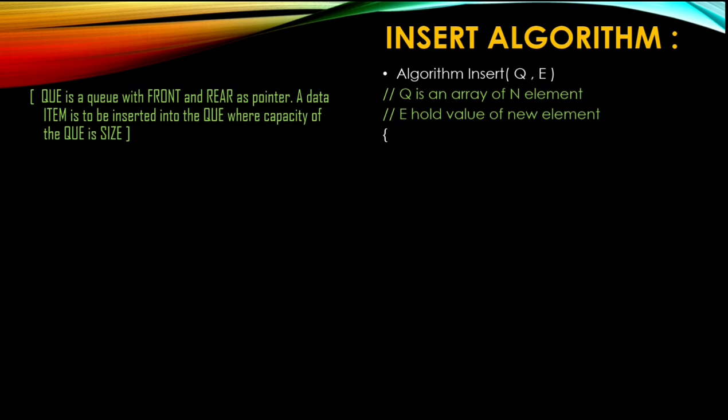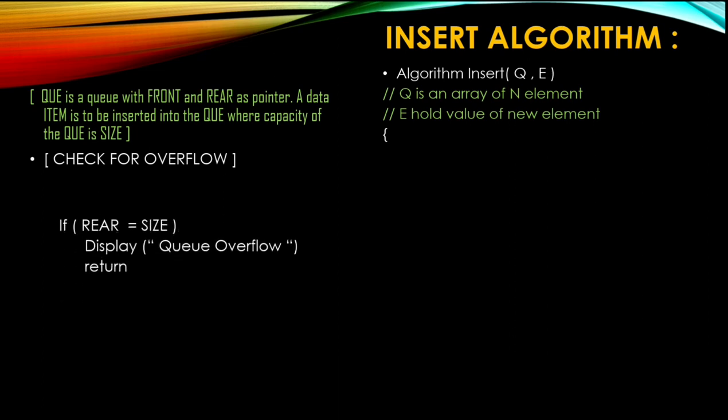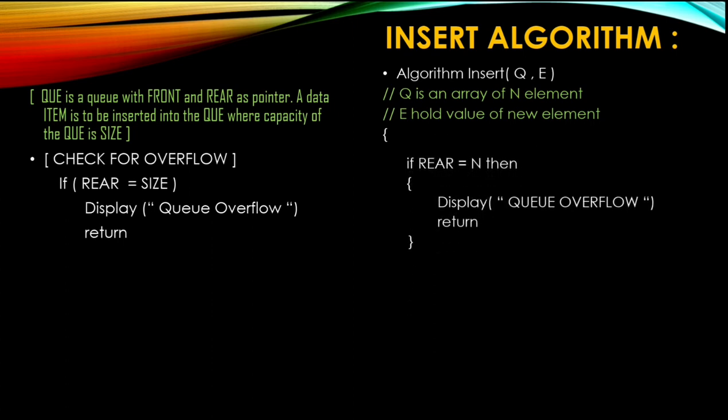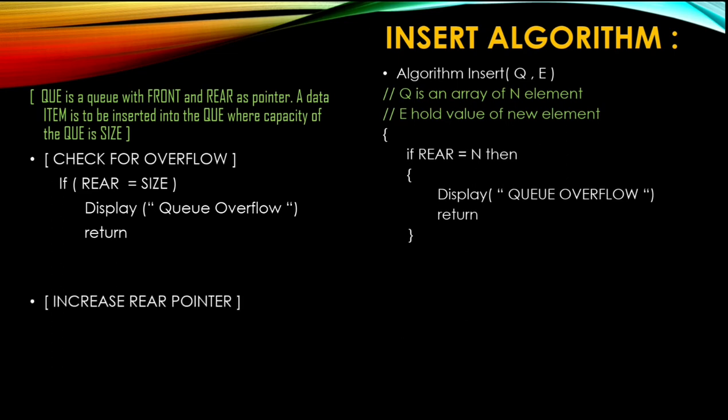Algorithm insert: Q is an array of n elements. E is the element to be inserted. Checking of overflow condition. How are we going to check? Rear is equal to size. Q is overflow. Or we can say rear is equal to n. Then display Q overflow and we will return.